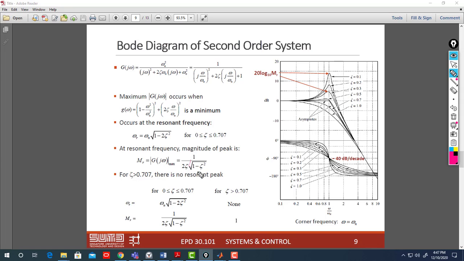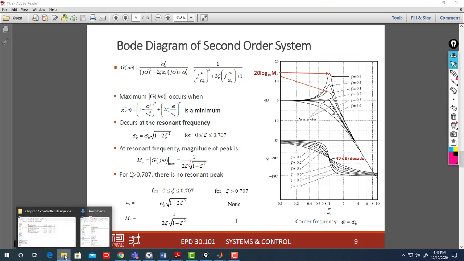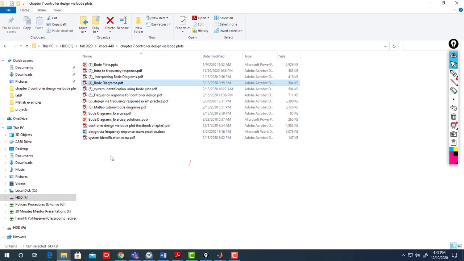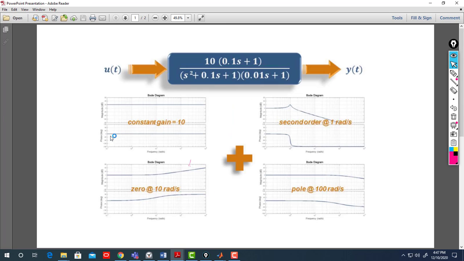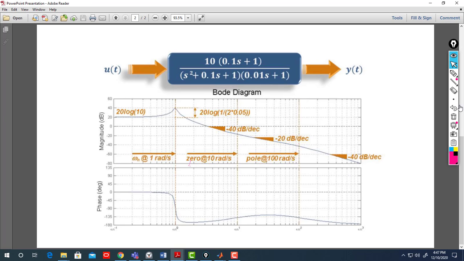I told you when we did system identification that the zeta squared term you can neglect, as I explained in your PDF. This is 20 log of 1 over 2 zeta.